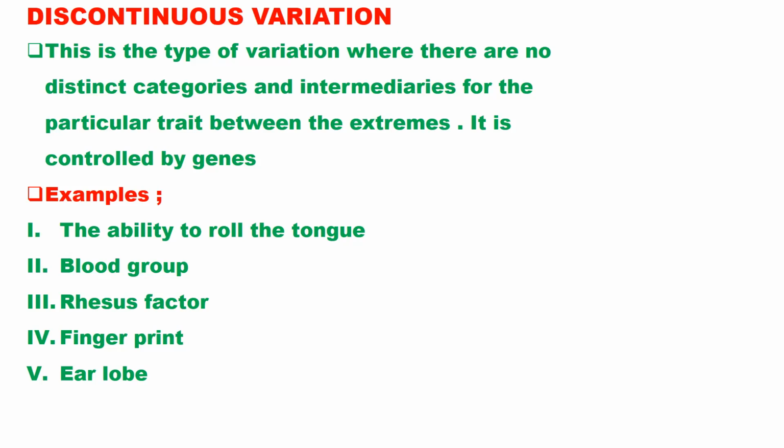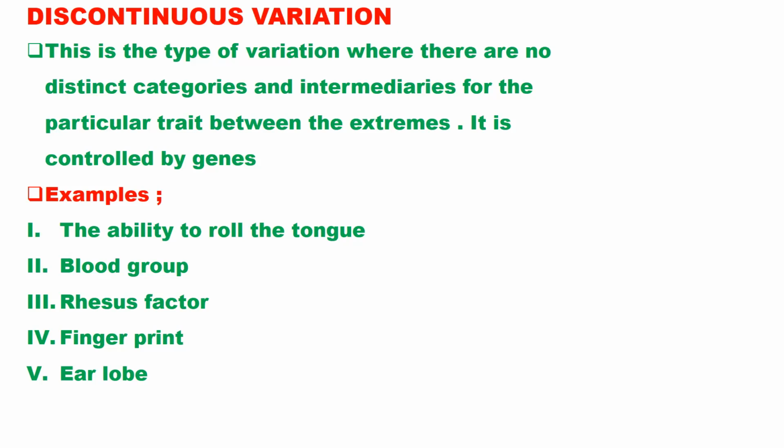This is just a type of variation where there are no distinct categories or intermediaries. So in other words, here it is specific. There are no intermediaries between the extremes.